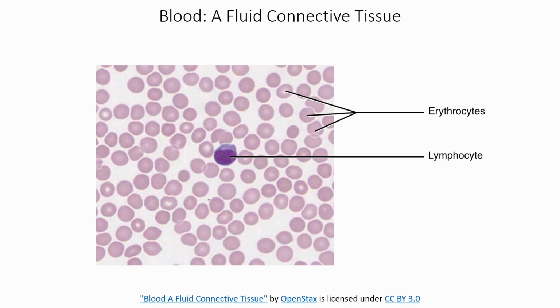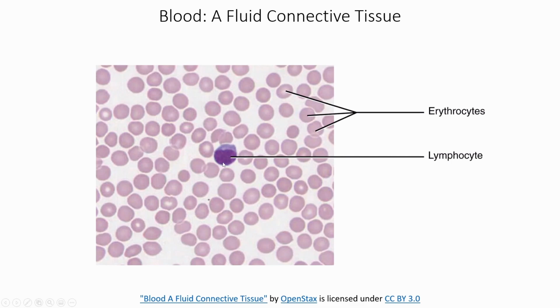Blood is a nice one to identify. It stands out pretty easily because we have all of these pink circles and then occasionally some bigger purple ones. The pink ones are erythrocytes, aka red blood cells. The purple ones are white blood cells.